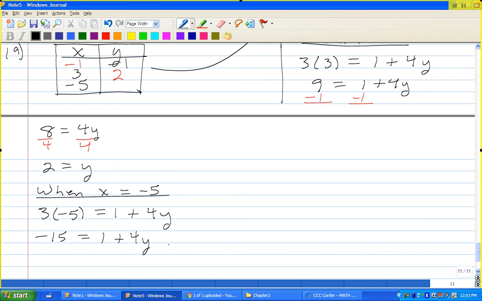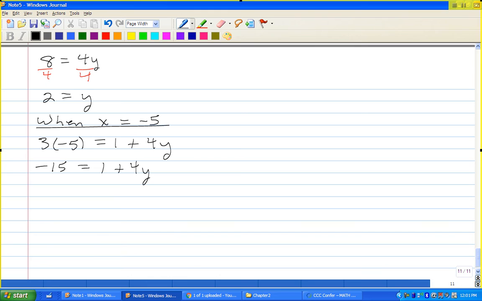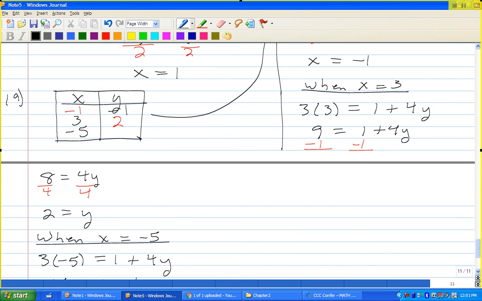Subtract 1 from both sides of your equation. So 4y equals negative 16. Divide both sides of the equation by 4. So y is equal to negative 4.